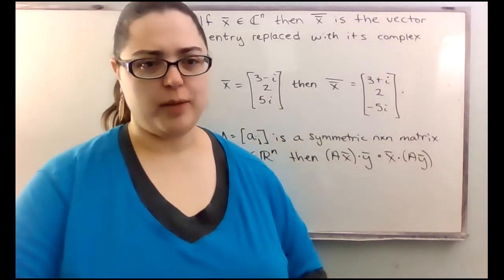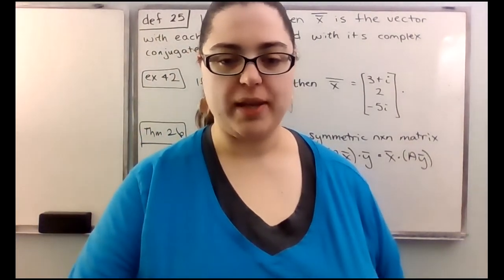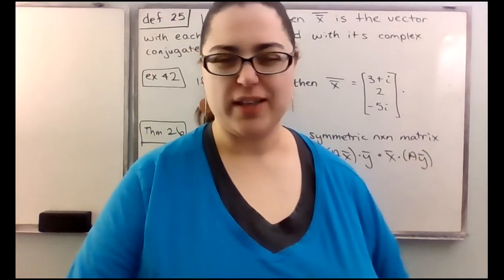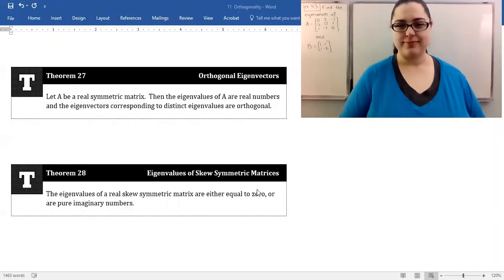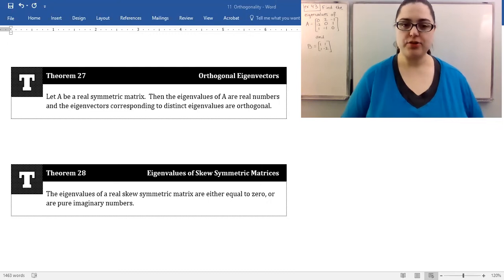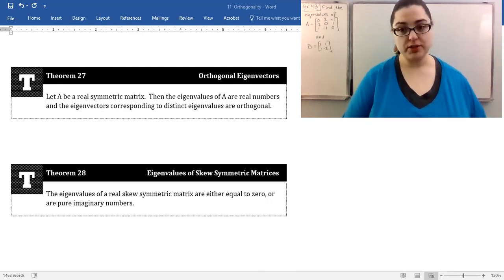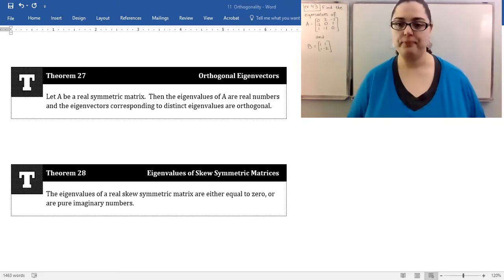All right, and then I've got two more theorems about symmetric and skew symmetric matrices. I'm just going to pull those up and share screen so we can look at those in some detail. Alrighty, so our first theorem here, theorem 27, is about symmetric matrices. If A is a symmetric matrix, then its eigenvalues are guaranteed to be real numbers, and the eigenvectors that correspond to those eigenvalues are going to be orthogonal.